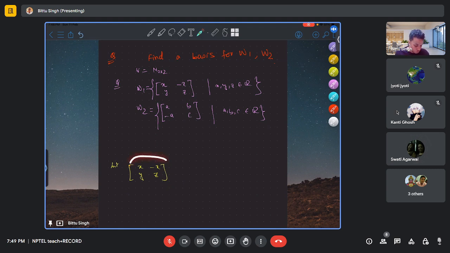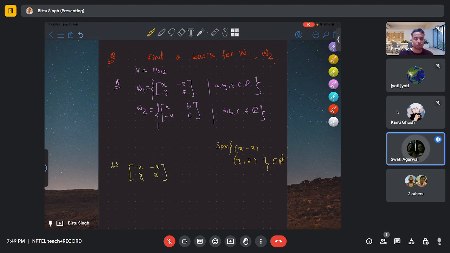But if you take the row space, that is, if you choose x comma minus x and y comma z, the span of these rows will be contained in R2. But we are not taking it like this. Then how are we reading this matrix? How are we looking at this matrix?